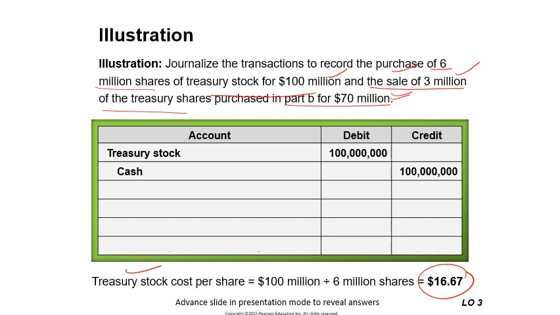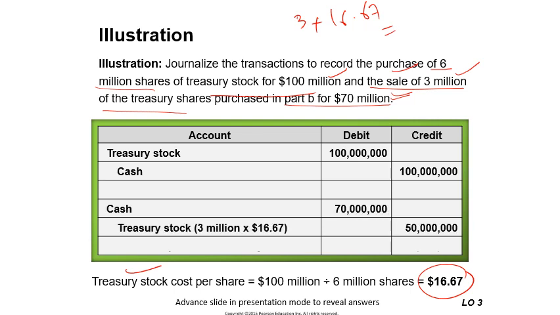You can just say that the 3 million shares cost you 16.67 each; 3 million times 16.67 is 50 million. So the value of those treasury stocks was 50 million, and paid-in capital from treasury stock, that is your premium, is 20 million. This is how you record the journal entry.